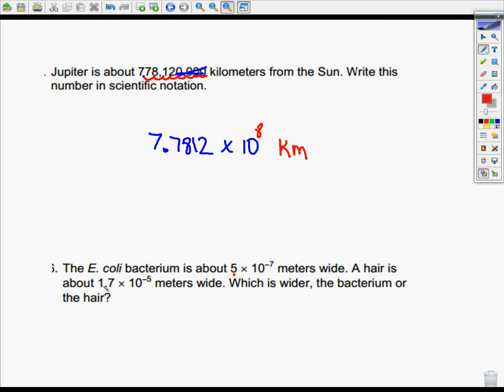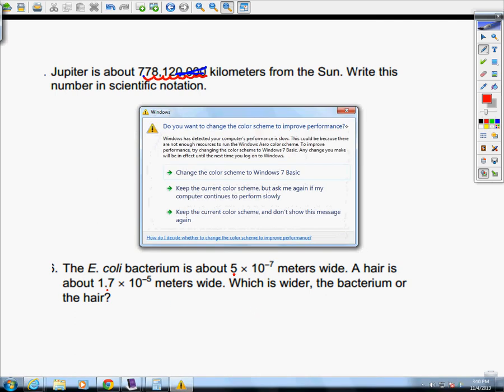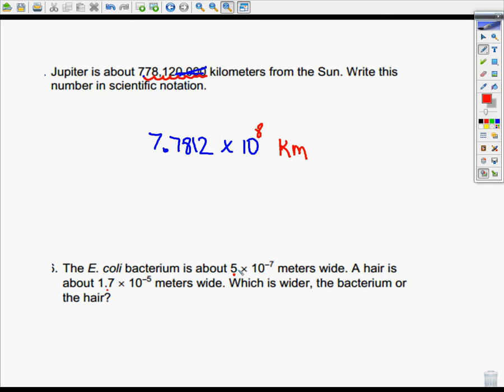Let's go ahead and just write these numbers in standard form. We can do that because these aren't the same power. Those aren't the same factors. So 5 times 10 to the negative 7, I have to move the decimal 7 spots. So there's a 5 and 6 zeros, 1, 2, 3, 4, 5, 6, then 5.